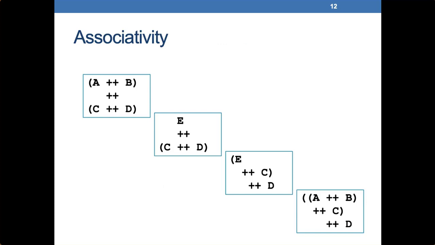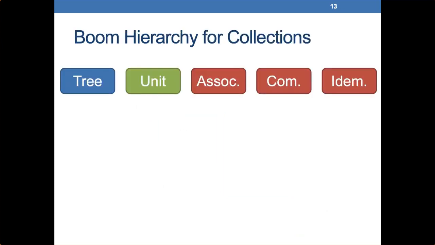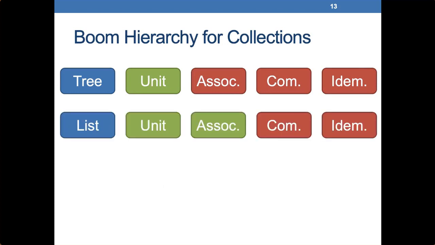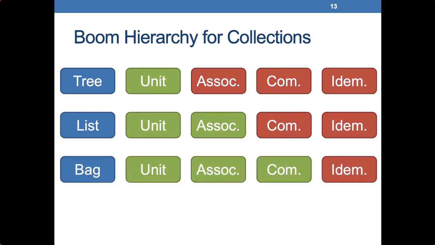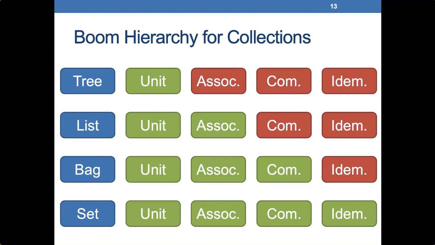Inspired by these mathematical structures, there is a well-known hierarchy for collections called the Boom hierarchy, based on the mathematical properties that they satisfy. The tree collection only has the unit property. The list, in addition, has associativity. The bag you can think of as an unordered list, and a set is when duplicates do not matter, and because of that, idempotence is also supported.